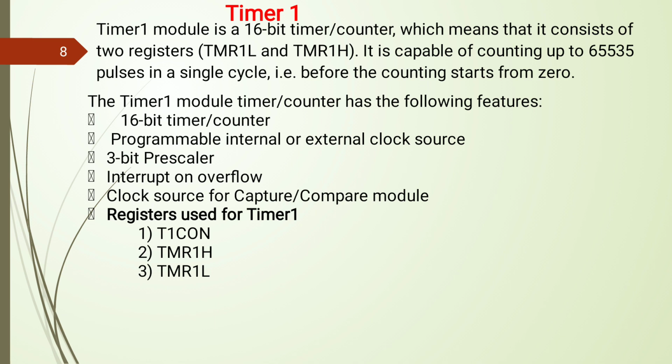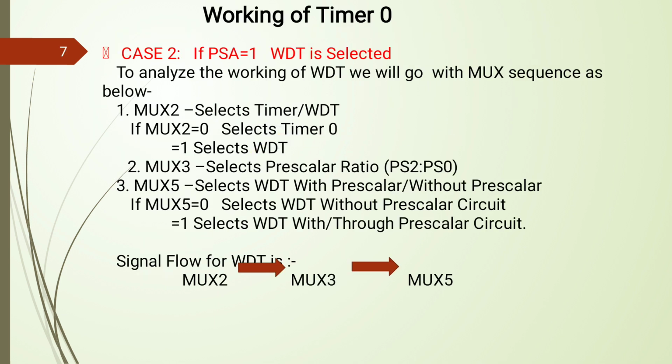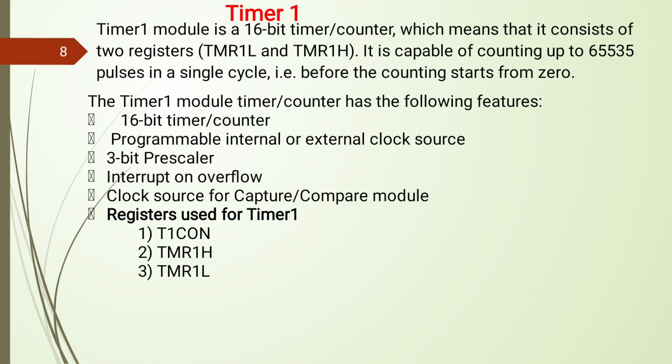So 2 raised to 16 is nothing but 65,536, and if it starts from 0, then it will count from 0 to 65,535. So this many pulses are counted by timer 1. Some basic features are: it is a 16-bit timer counter, internal or external clock source is programmable, a 3-bit prescaler is there, and interrupt on overflow detection is possible.